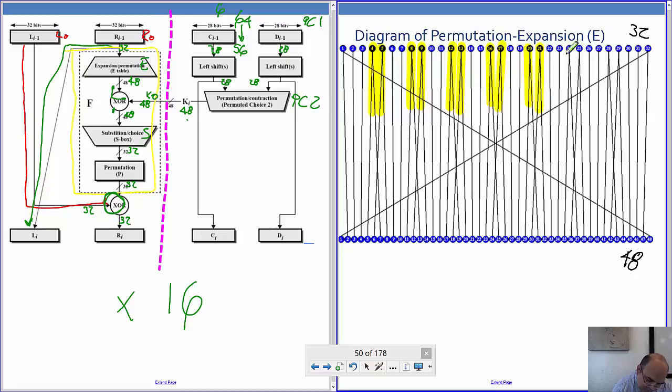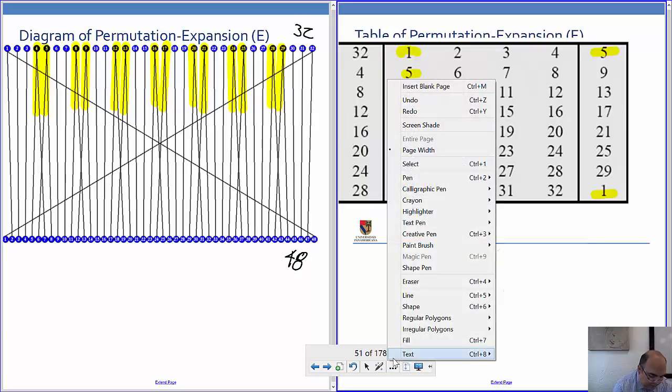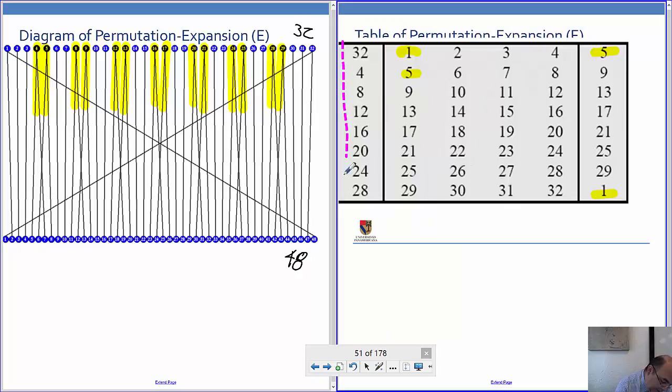Some of the bits get duplicated. Okay? You see that? When we look at the table, you will see this bit is this bit, and this bit is this bit. Many of the bits get duplicated, but as you can see, they don't get duplicated in just any part; let me use this one, they get duplicated in these columns.